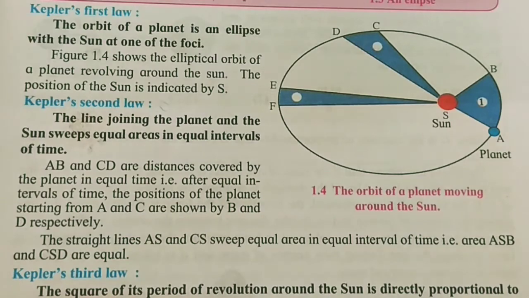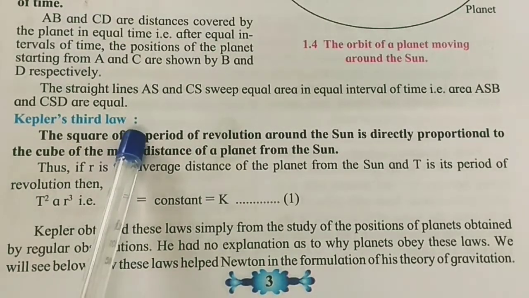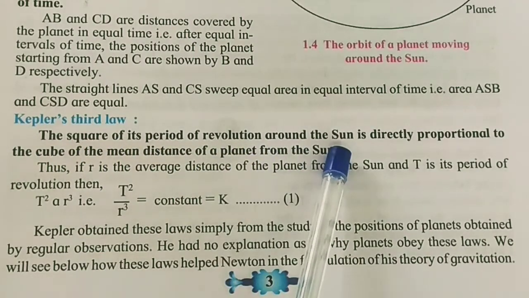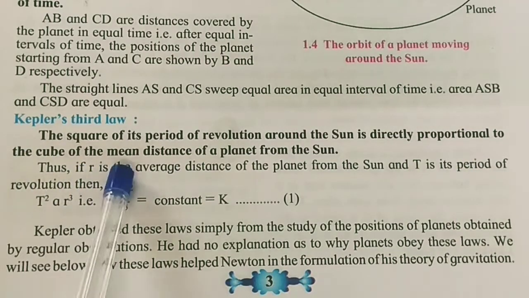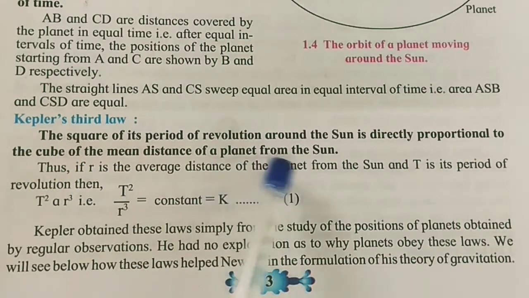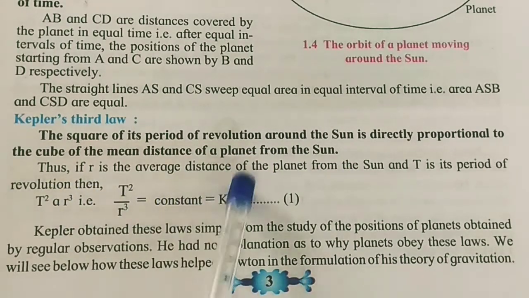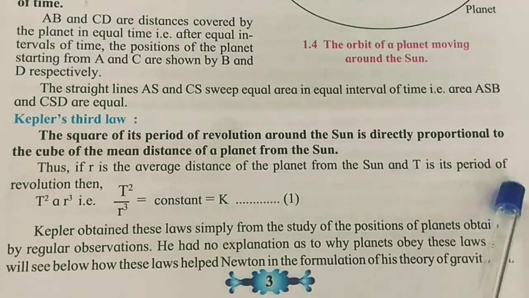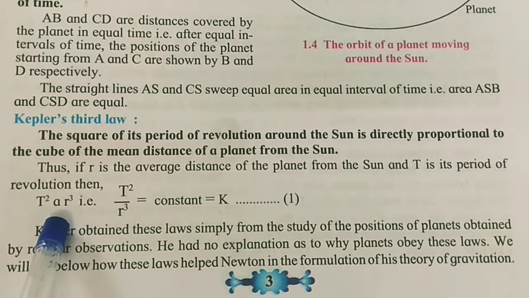Now we will see Kepler's third law. The square of its period of revolution around the sun is directly proportional to the cube of the mean distance of a planet from the sun. Thus, if r is the average distance of the planet from the sun and T is its period of revolution, then T square is directly proportional to r cube.